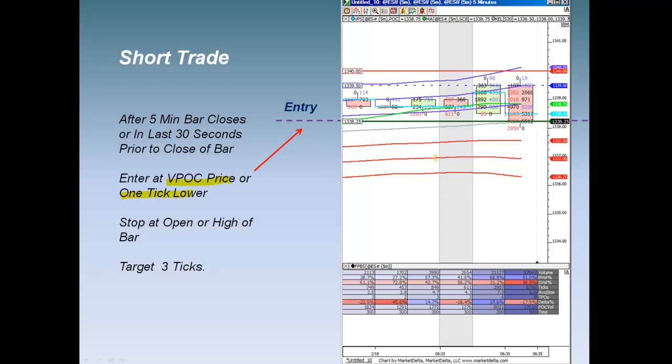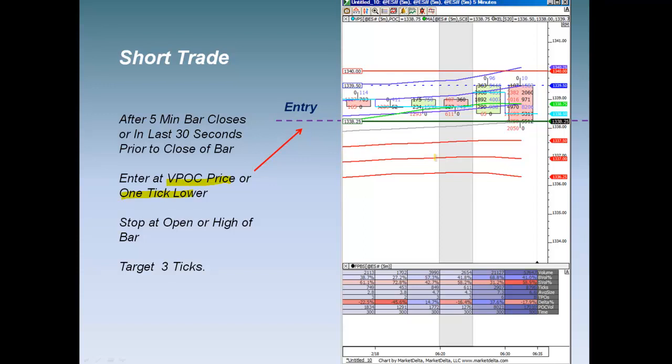Now we have to apply some of the market auction principles. When the market auctions back and forth, it is always going to rotate to volume points of control, because these are the key levels in the market as it's moving. So if price is going to move lower, at some point it's going to come back and test the volume point of control.